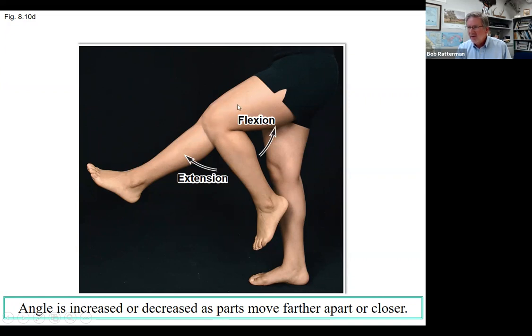If we start off with a fully extended leg, that would again be 180 degrees. If we bring our leg toward our buttocks, let's say, that angle goes from 180 to 150 to 130 to 100 to 90, like we're seeing here, approximately 90 degrees. So if the angle is decreased, we have flexion.